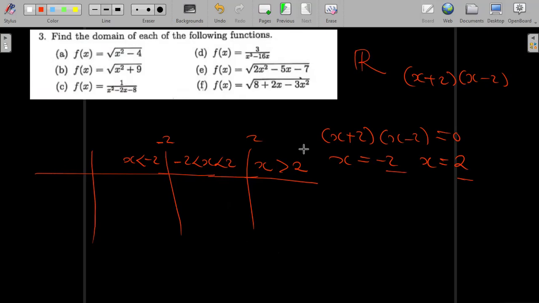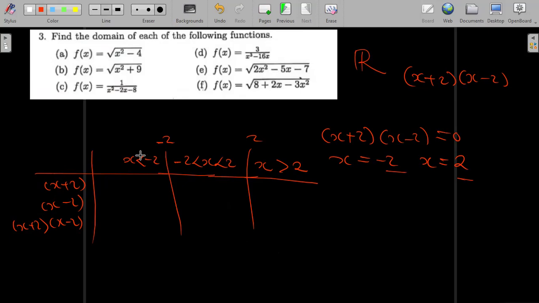So that's how the values are going to be quoted. But then we have to test this. So we have how we factorize: you have the x plus 2, and you have the x minus 2, and you have the overall. So now let's get our values here.